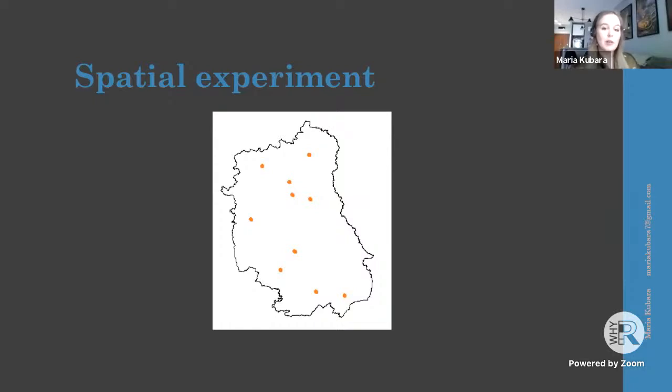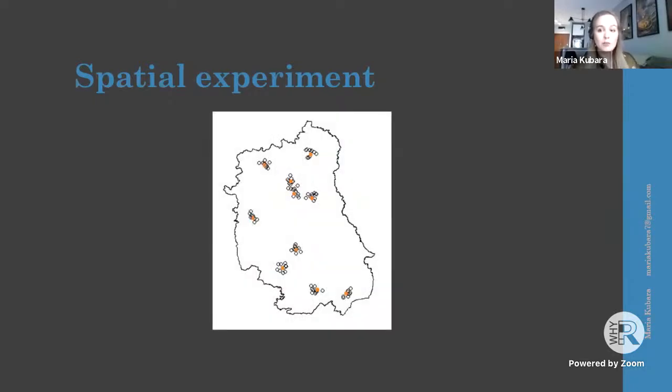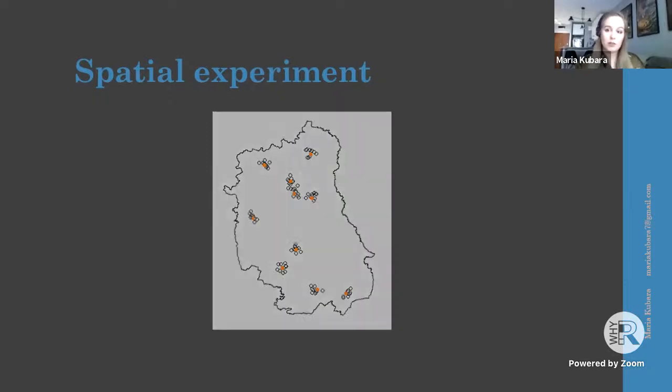I was drawing 10 points in space, then drawing some points around each one of them to simulate cities, and then running models with different k nearest neighbors, each of which was taken into the weighting matrix in the spatial model.